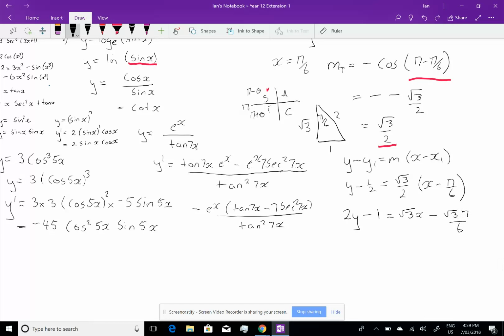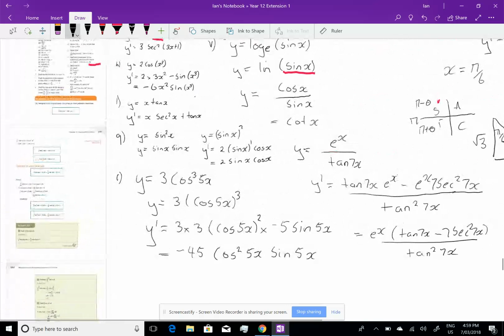Now, I'd be happy with that, but in the back of the book, Margaret says we don't like that fraction there, so we're going to multiply everything by 6. If we do that, we get 6 times 2 is 12y, 6 times 1 is 6, 6√3x, and the 6 will just disappear from here, leaving us with minus √3 pi. And if I look at question 4, where's the equation of the tangent? Yeah, okay, that'll do.